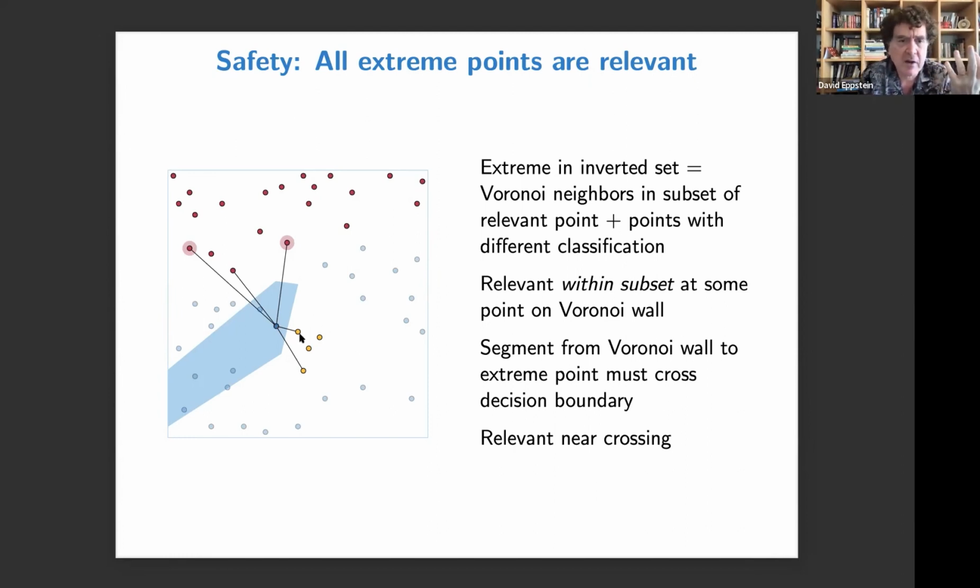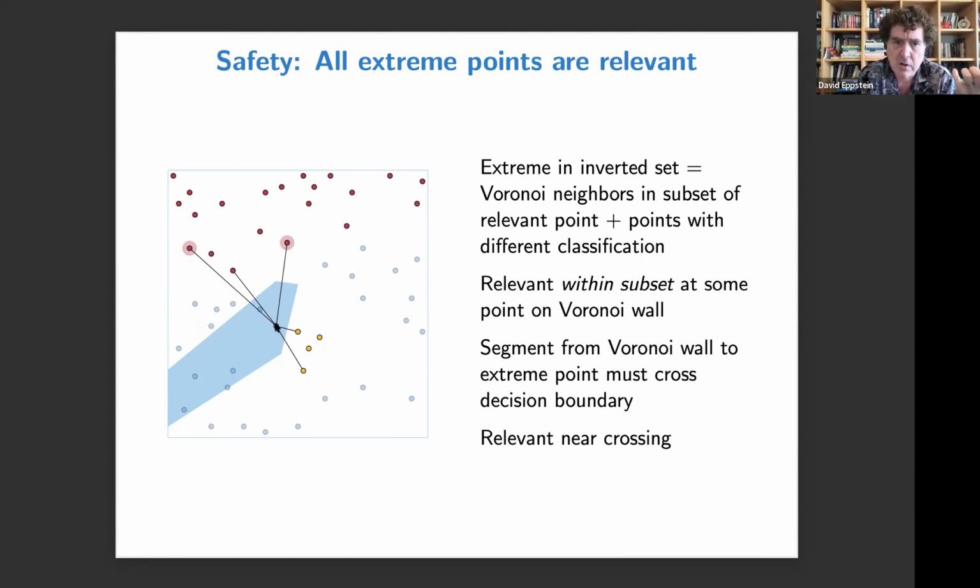But they are the Voronoi neighbors. They're not the Voronoi neighbors in our full training set. They're the Voronoi neighbors in this weird subset of points where we've got this one point, the relevant point, the center of the inversion with one classification and a bunch of points that have a different classification from it.